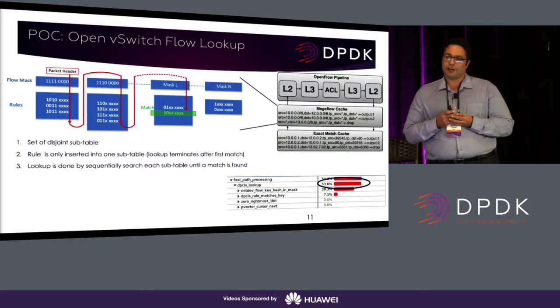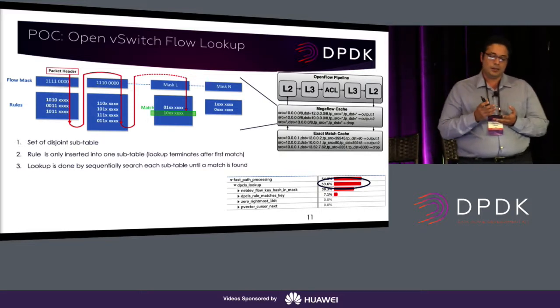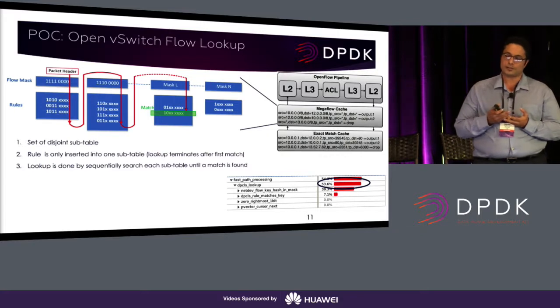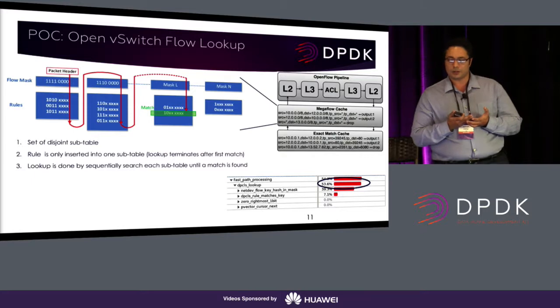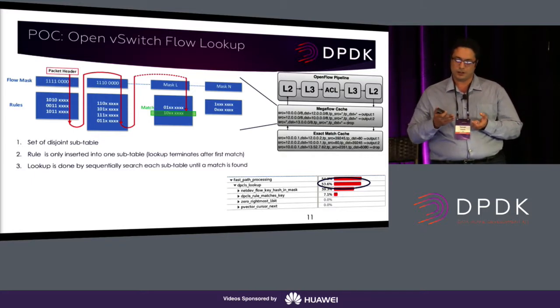When you have a large number of subtables, the sequential search of these subtables will consume a lot of cycles. Based on our measurement, if you have 20 subtables, which is 20 masks in your network, 50% of the cycles will be spent during this sequential search.